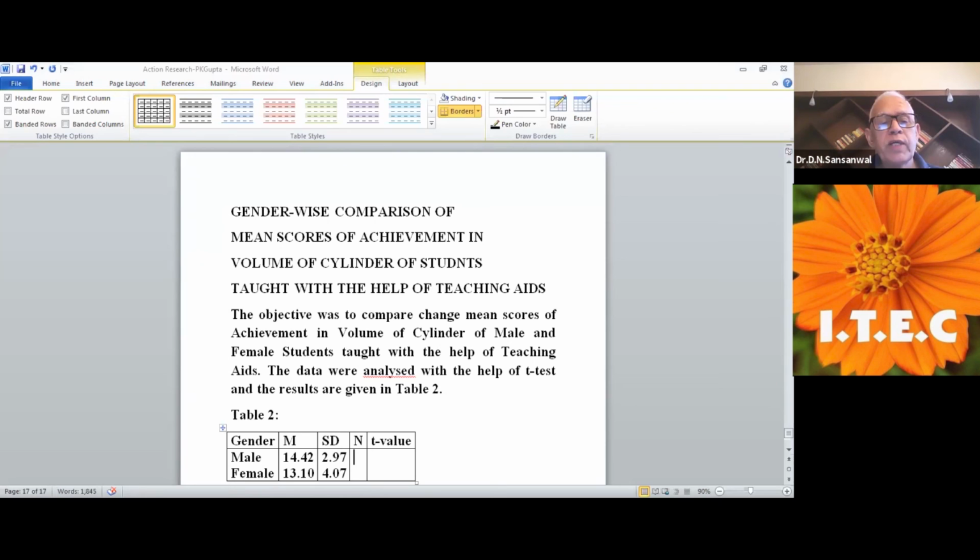So males were 12 and females were 10, and my T value was 0.88.